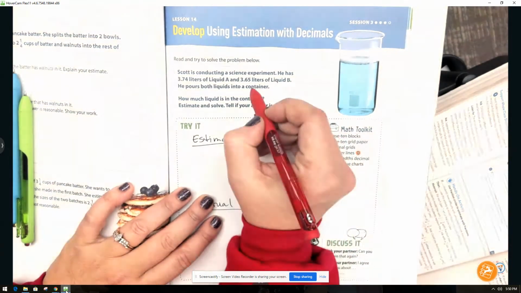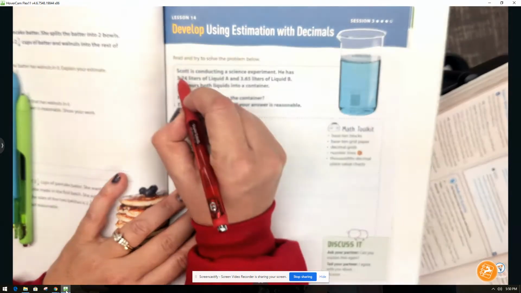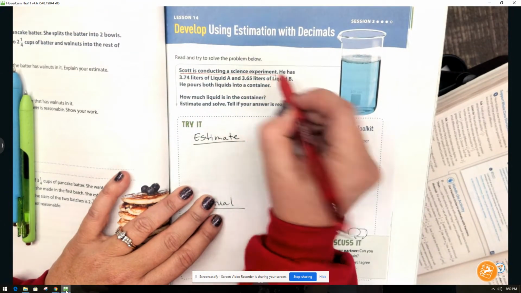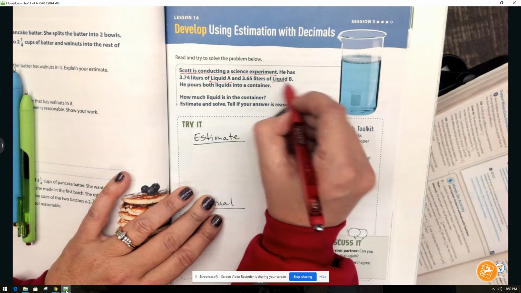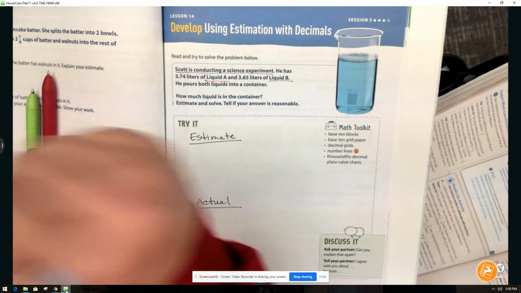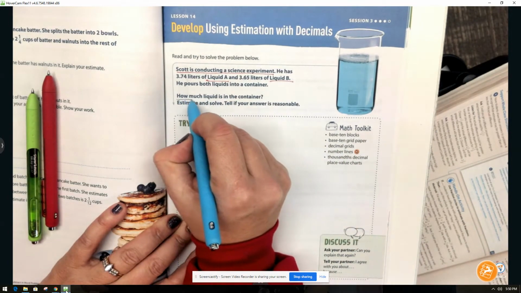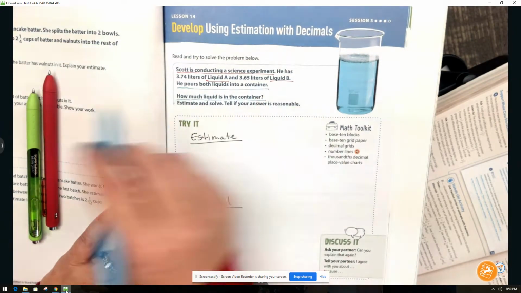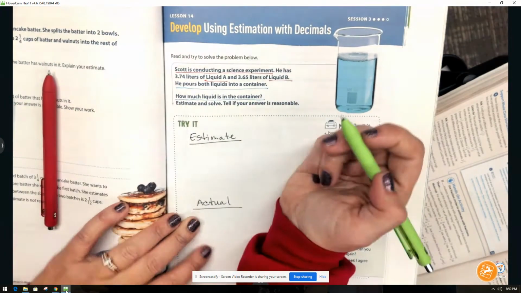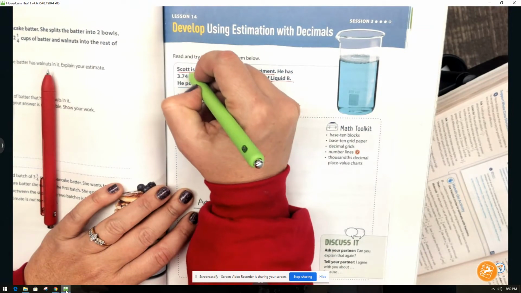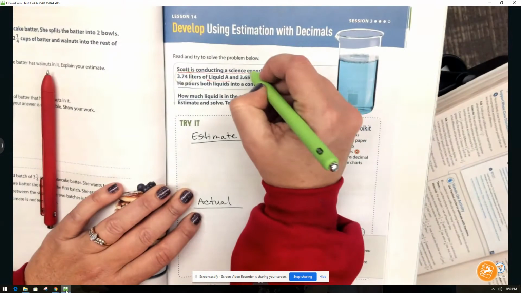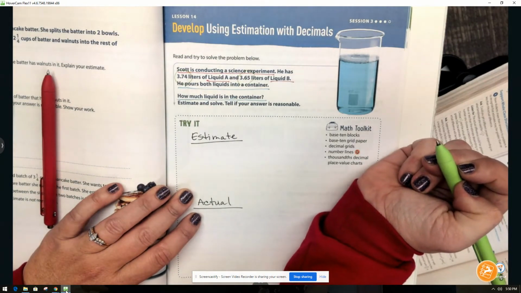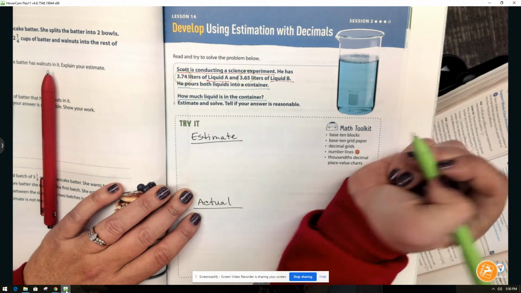So this question is talking about Scott's science experiment, and he has some liquid A and liquid B. What he's trying to find out is how much liquid he has in the container since he poured both of the liquids into the container. The important information is that he has 3.74 and 3.65.